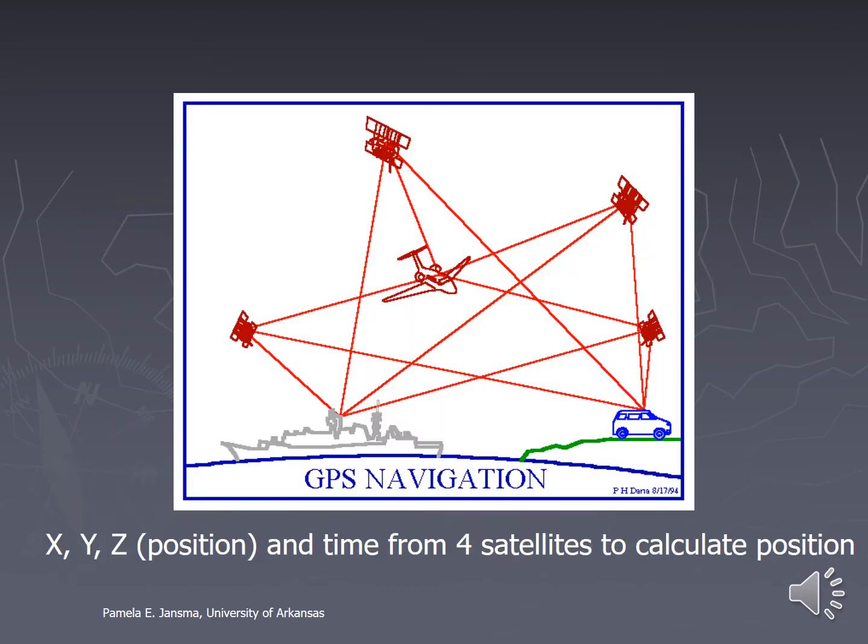This is a great example. This is XYZ, basically your plane, your ship, and your van, and the time from 4 satellites to calculate position. What I'm basically trying to show with this example is that there are GPS receivers everywhere. There are GPS receivers in your car, in your phone, on a ship, in a plane in particular, and there are 4 satellites that are essentially beaming their own position into the receiver that is housed in each of these navigable vehicles.